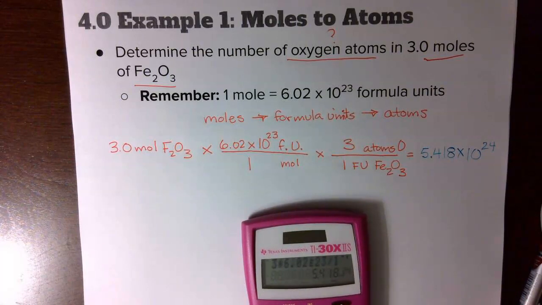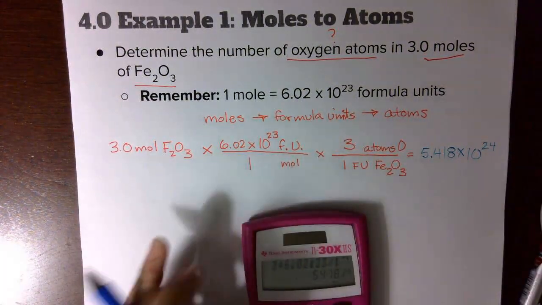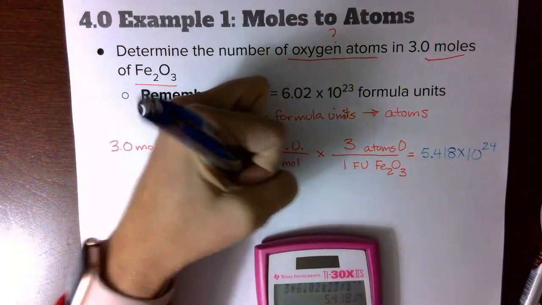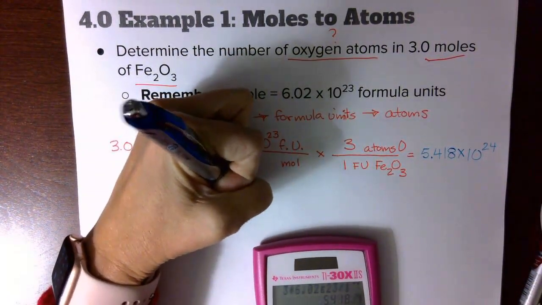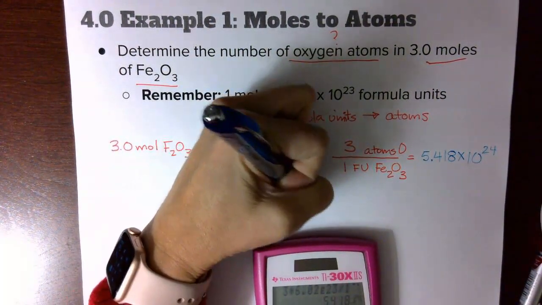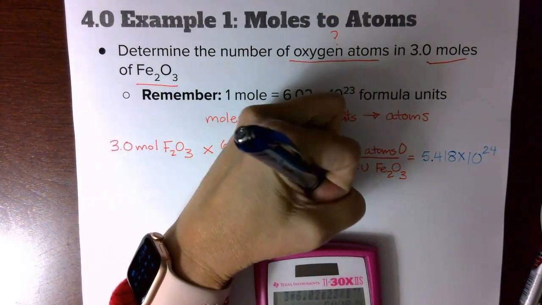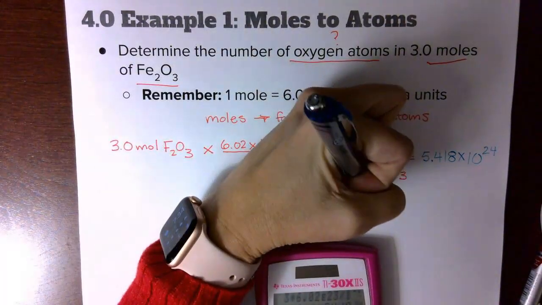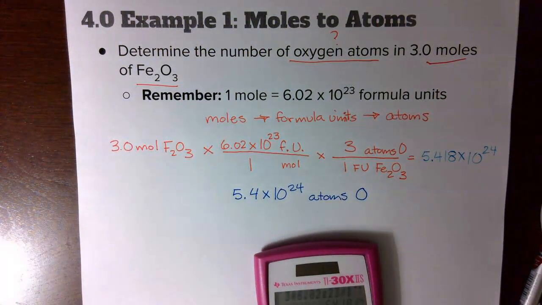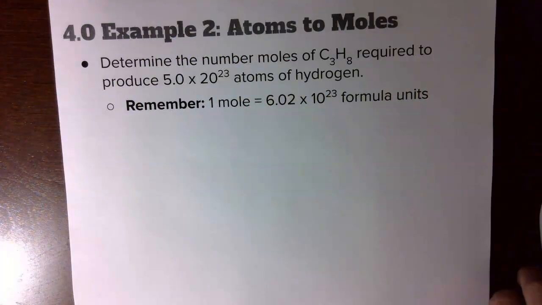And then I notice that my starting value only has 2 digits, so my ending value needs to have just 2 digits. So I'm going to round this to a final answer of 5.4 times 10 to the 24th, and that's going to be atoms of oxygen. So there's my final answer. So let's go ahead and we're going to do another one.